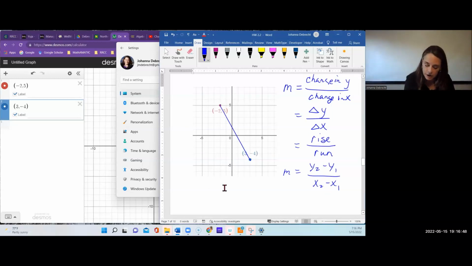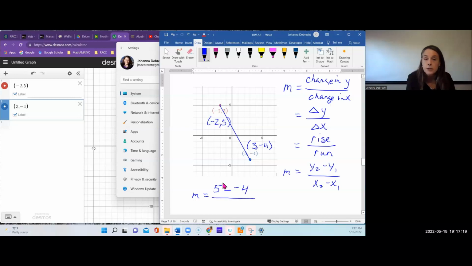Let's take a look now and let's substitute in the values of our points. -2, 5, and 3, -4. The first point we go left 2, up 5. And the second point we go right 3, down 4. I'm going to call y2 to be the 5. I have 5 on top and then a minus for the formula, and the other y coordinate is -4.